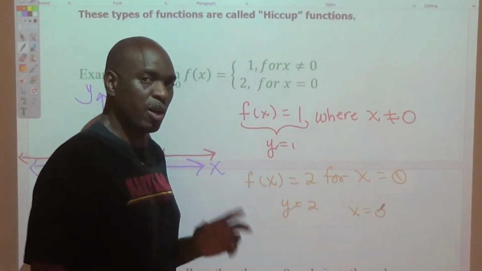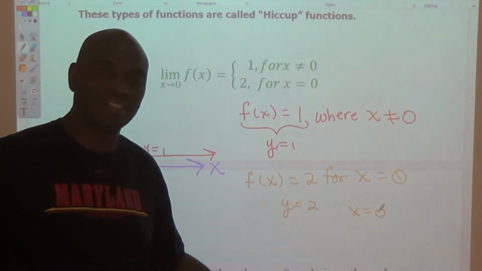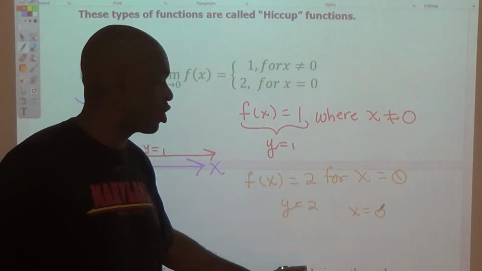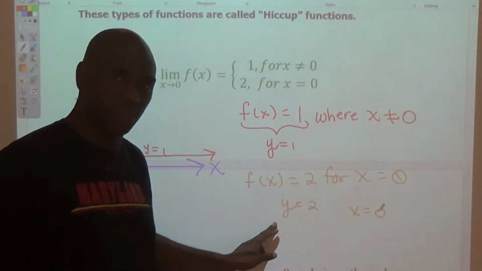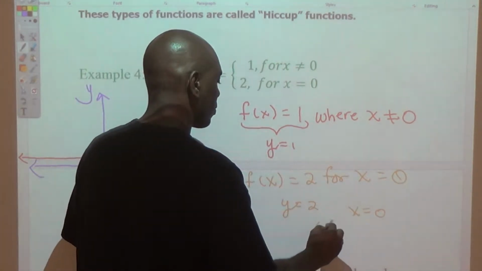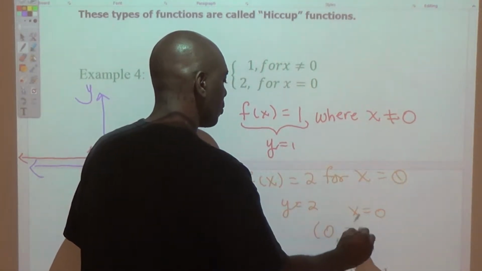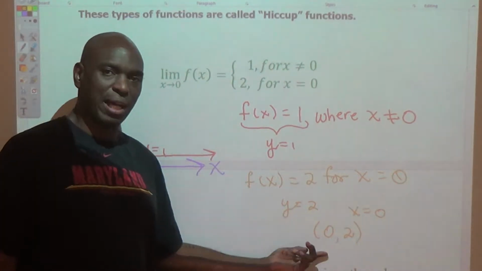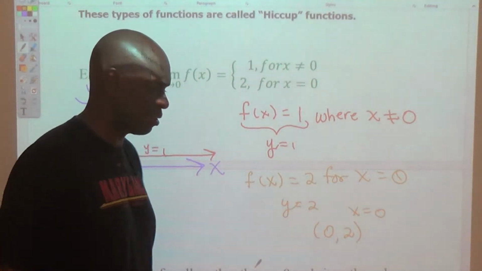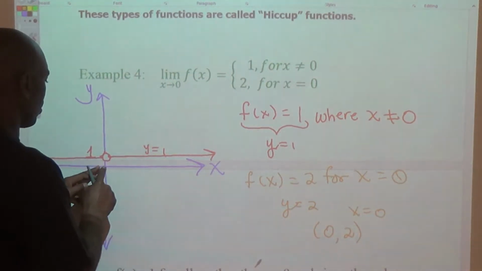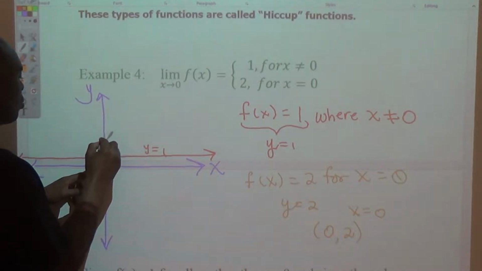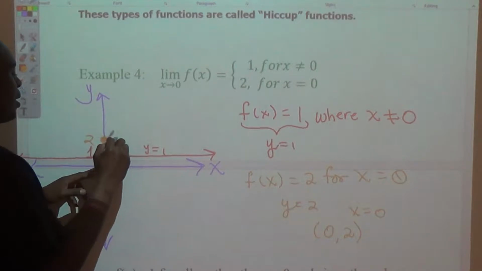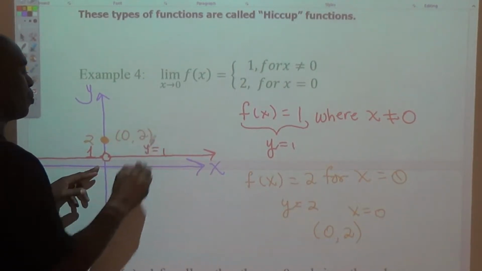Oh, wait a minute. I recognize something. That's a coordinate point. That's just the point 0, 2. Because x is 0 and y is what? 2. Plot that. 0 and go up 2. Here's 2. So this point right here is the point 0, 2.